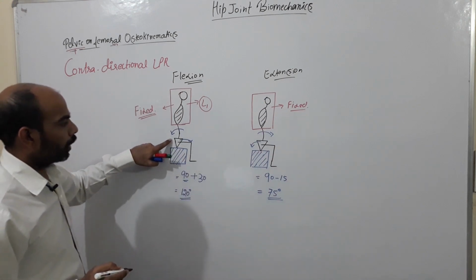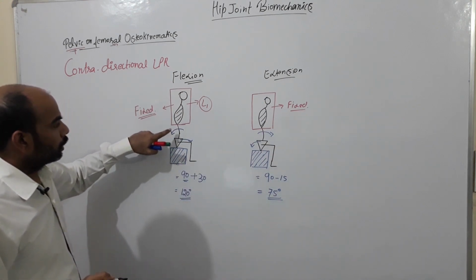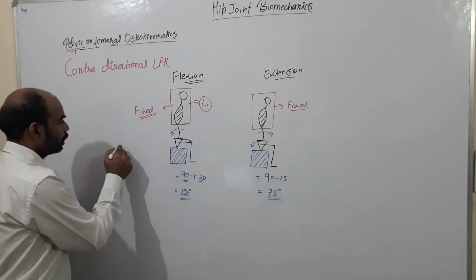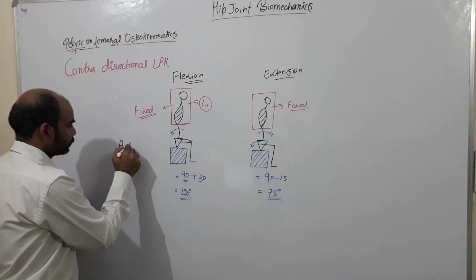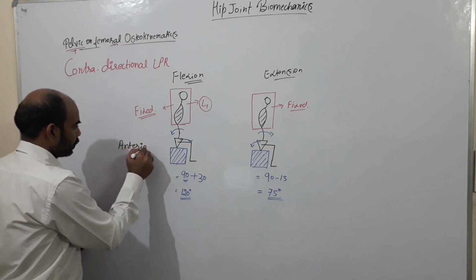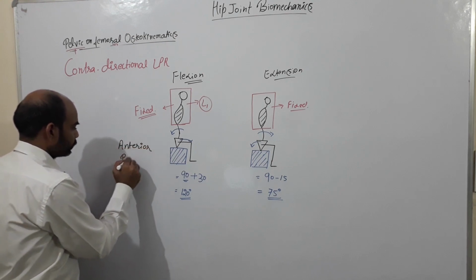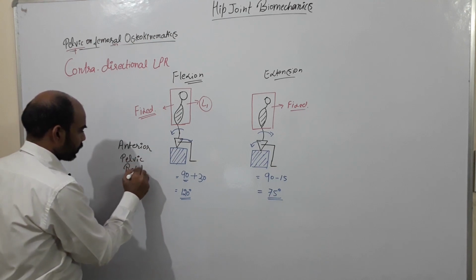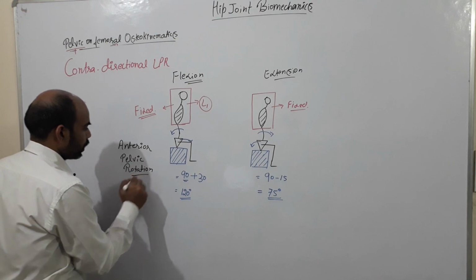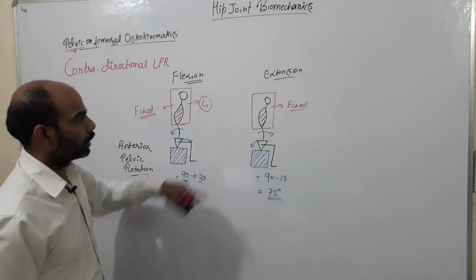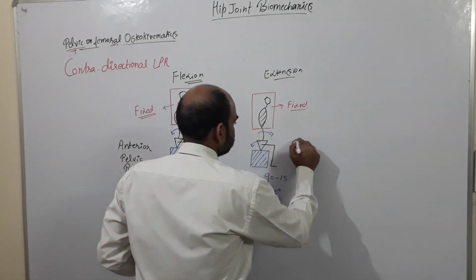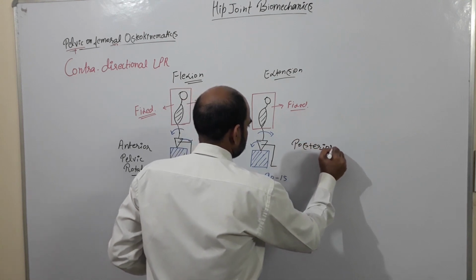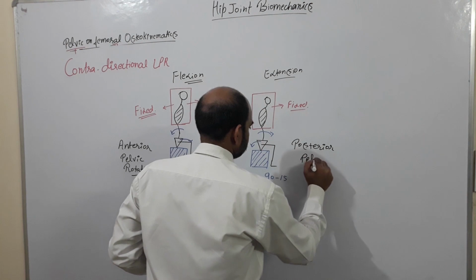When pelvis moves anteriorly, it is called anterior pelvic rotation. And when pelvis moves posteriorly, it is called posterior pelvic rotation.